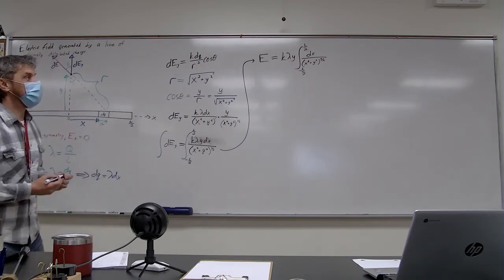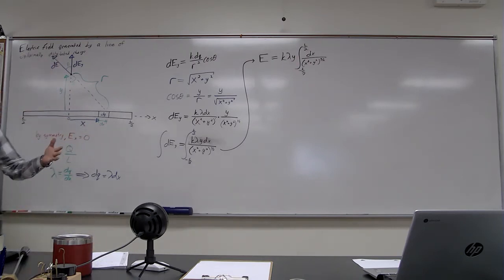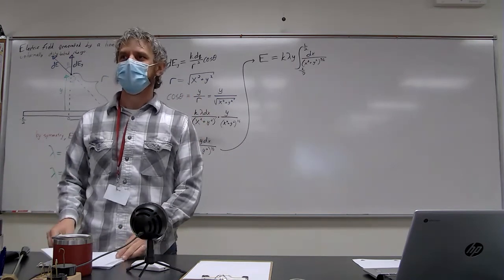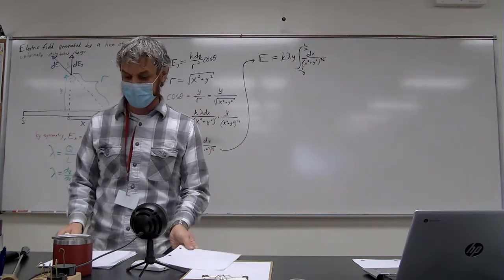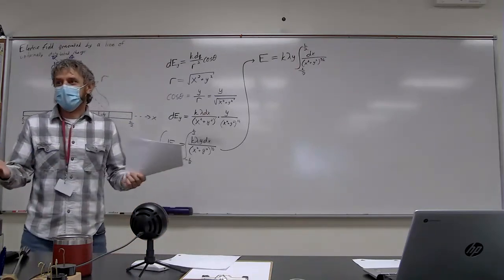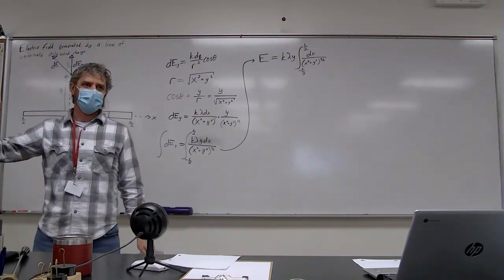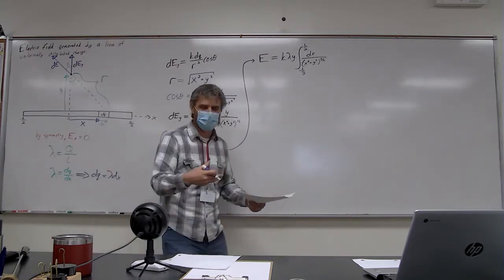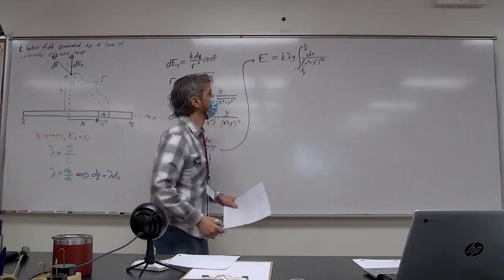So if you have a problem like this on the AP exam, and you come to an integral that you won't learn how to solve in your calculus class in high school, and if you do know how to solve that, then more power to you, then they will tell you, integrals of this form give you this result. And so you just look it up. It'll say, look up in a table of integrals or something like that.